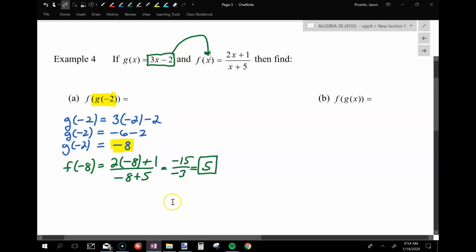If you think about the last example, I said find g of -2. That means replace the x with a -2. Well, here I want to find f of g of x. That means replace the x with 3x minus 2. So this x becomes 3x minus 2, and this x becomes 3x minus 2.